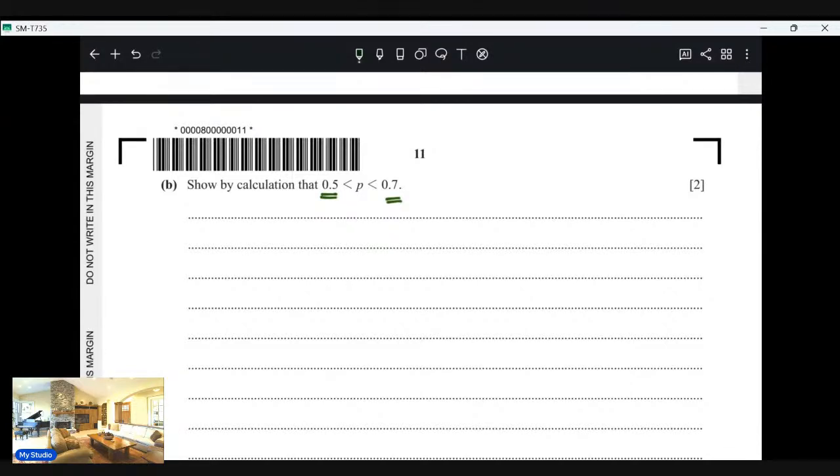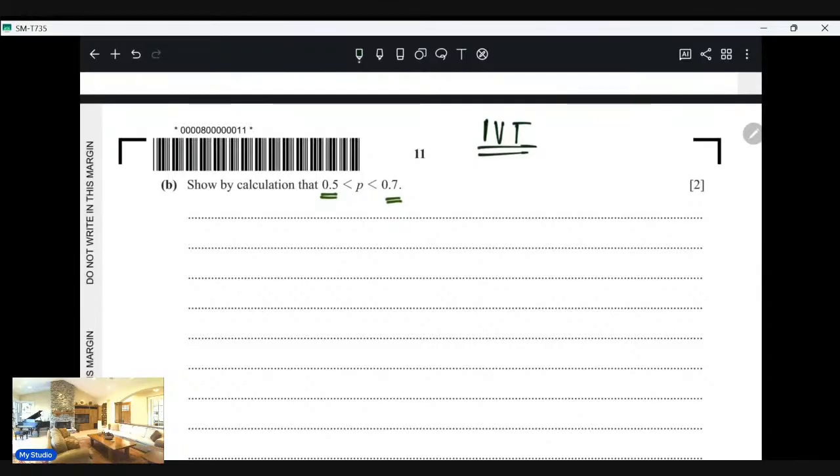It will be a sign change between 0.5 and 0.7. We call it in maths the IVT, the intermediate value theorem.